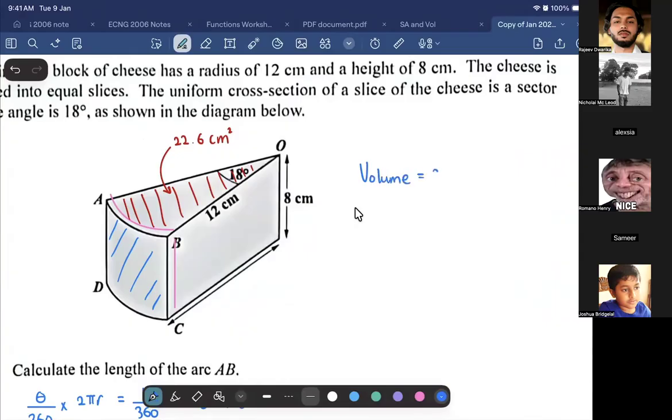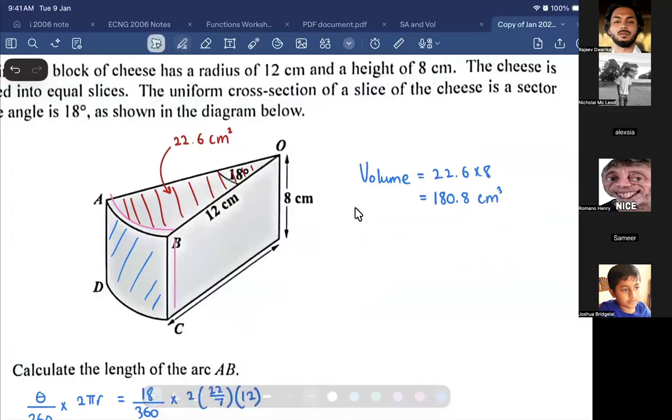What are you getting for that? 180.8. Yeah, and since it's volume, it has to be centimeters cubed.